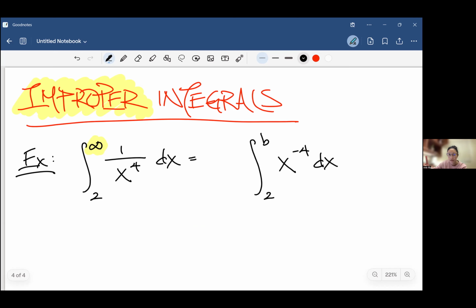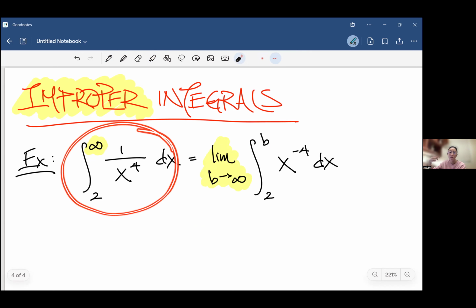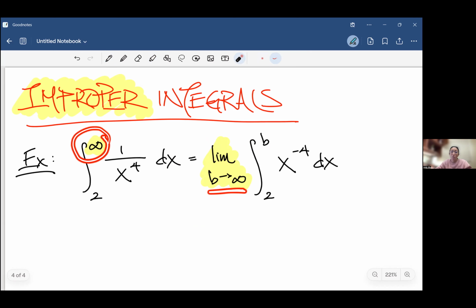And in front, because I've changed this infinity to a b, I have to take the limit as b approaches infinity. This is the thing that will get me back to the original form at the end of the day. If I don't write this, then everything else is wrong. You have to include this so that we know at the end we're actually pretending that b gets to infinity.